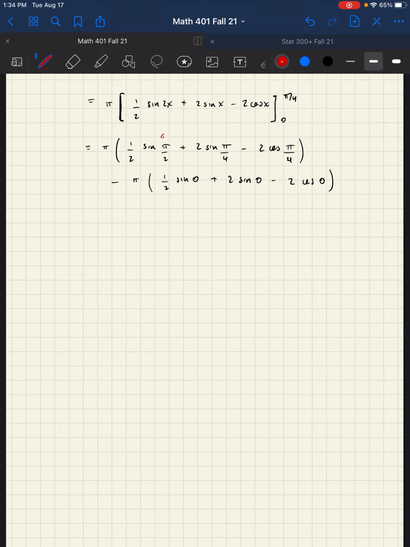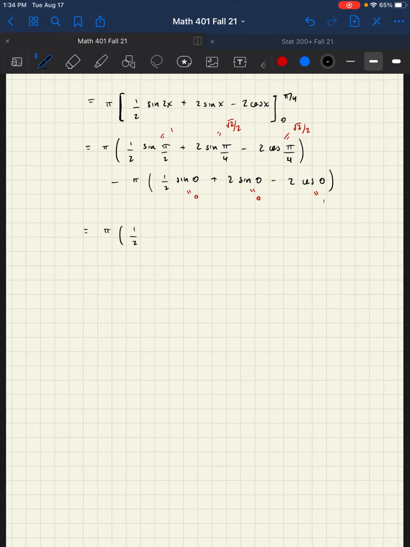Sine of pi over 2, where the pi over 2 is right on the y-axis, so that equals 1. Sine of pi over 4 is root 2 over 2. Cosine of pi over 4 is root 2 over 2 also, because remember that's the angle where they equal each other. Sine of 0 is 0. Cosine of 0 is 1.